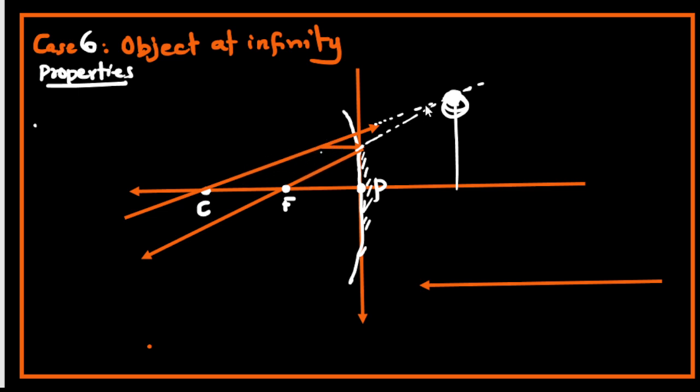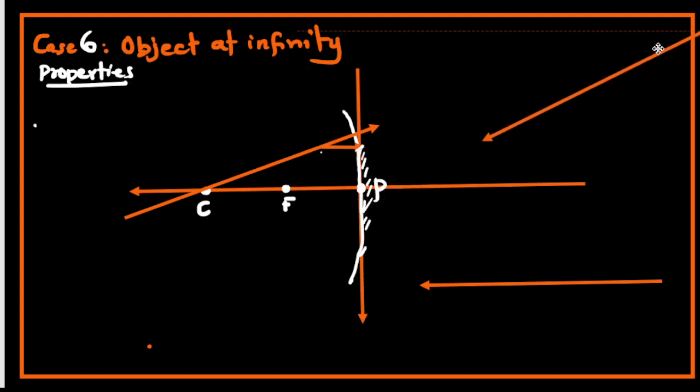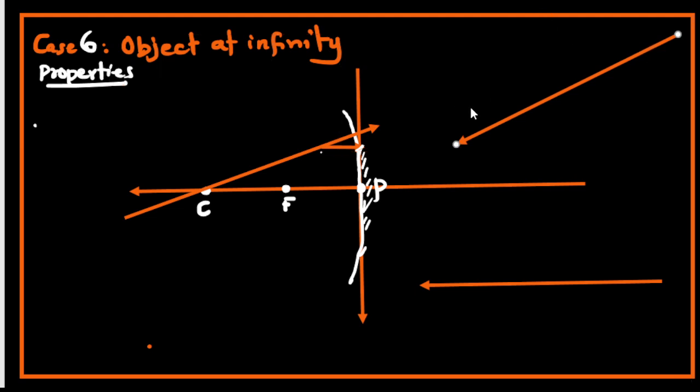So let me clean this off first. Okay, now the only way we can represent an object from infinity is to use parallel lines coming from somewhere. So I will make use of two parallel lines, and I will ensure that the two parallel lines pass through two main points on the principal axis.